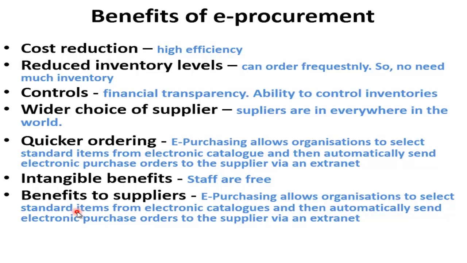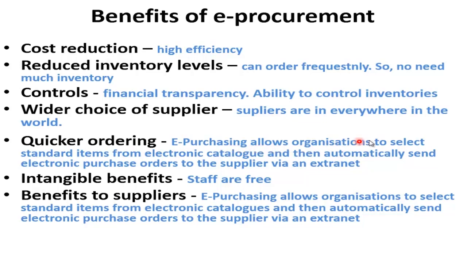We can keep the minimum inventory requirement. Control, financial transparency, ability to control inventories, transparency of prices. Wide choice of suppliers: there are so many suppliers anywhere in the world. Quick ordering, orders can be placed very quickly.